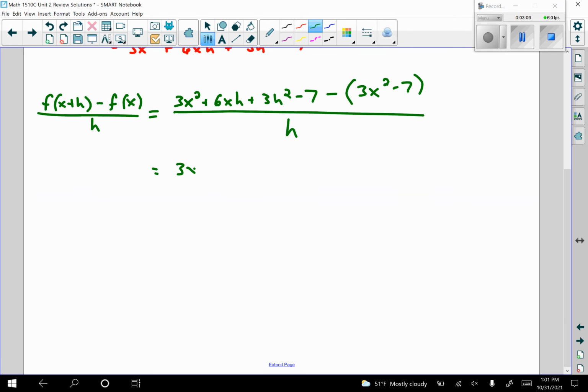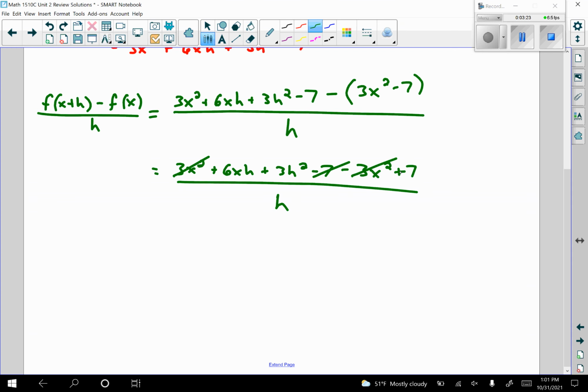So now this becomes 3x squared plus 6xh plus 3h squared minus 7 minus 3x squared plus 7 all over h. So now anything without an h should cancel. 3x squares cancel, 7s cancel.